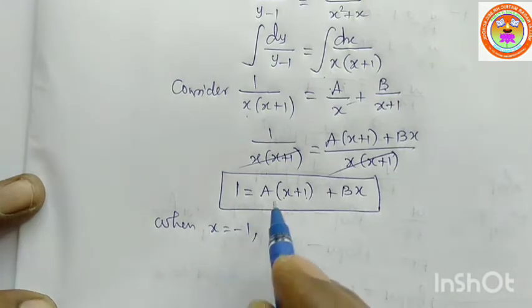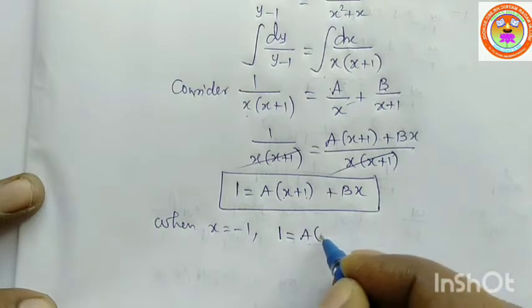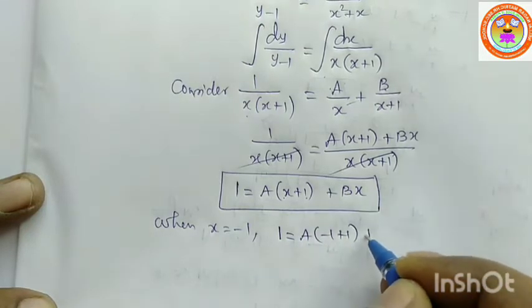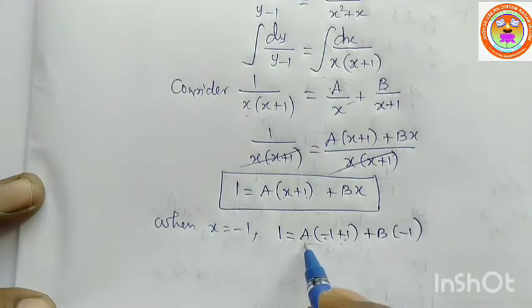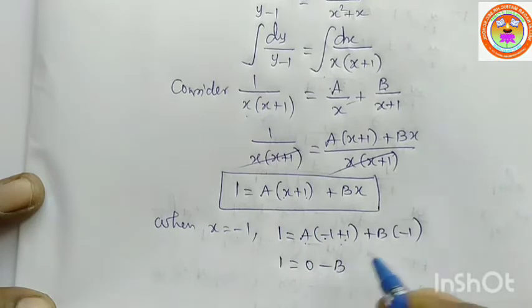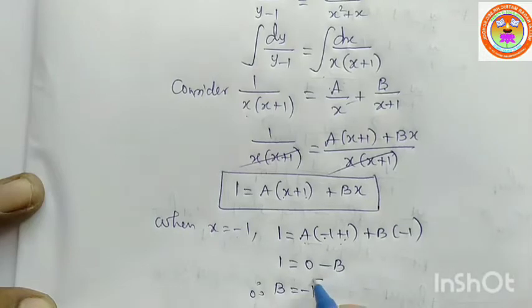Now apply x is equal to minus 1. So 1 is equal to a into minus 1 plus 1 plus b into minus 1. Minus 1 plus 1 is 0. 0 into a is 0. So 1 is equal to 0 minus b. So minus b is equal to 1. Therefore b is equal to minus 1.